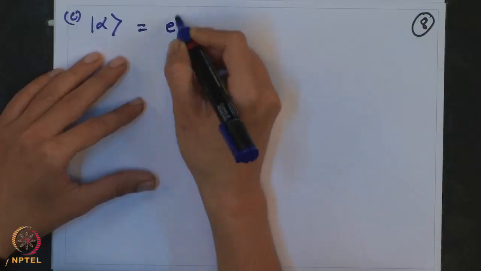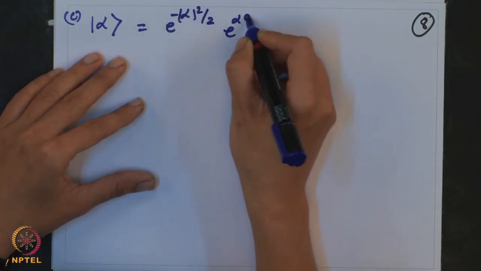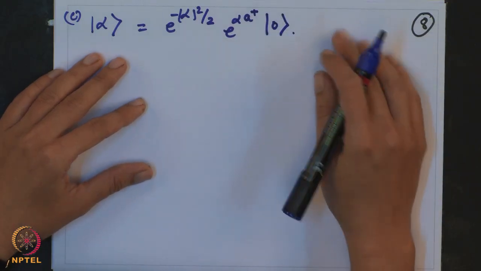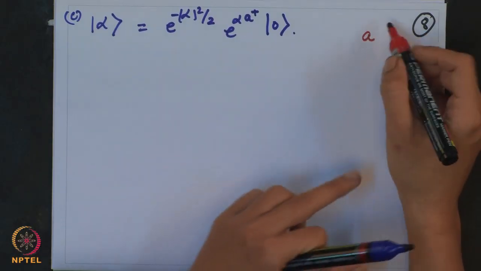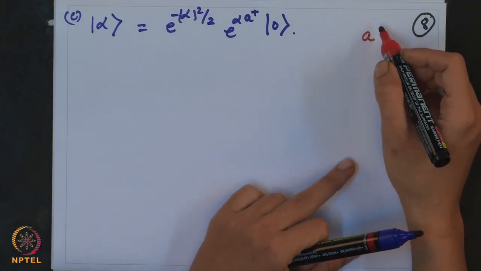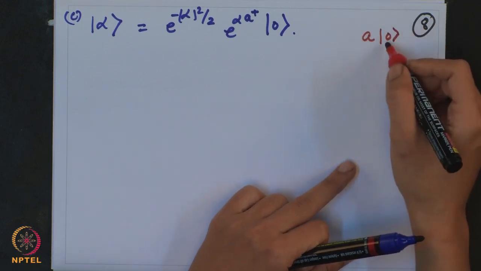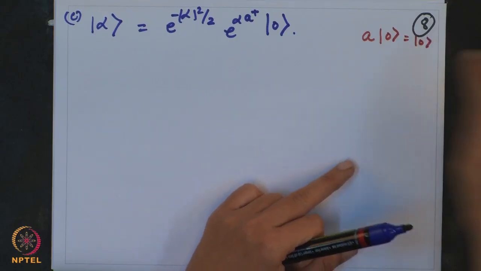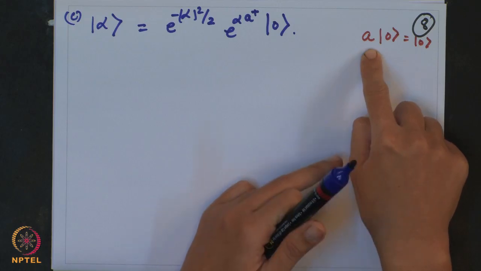So, the coherent state given to us is e raised to minus alpha square by 2, e raised to alpha A dagger. This is what is given to us. And remember, we know that when you operate the annihilation operator on the state 0, you will obtain 0. Okay. It will not go further. This is the end of the ladder.